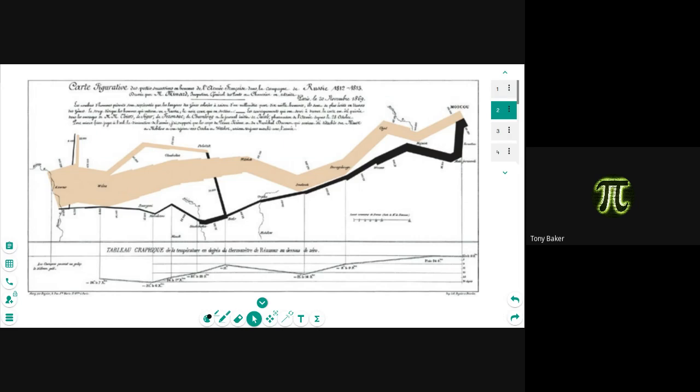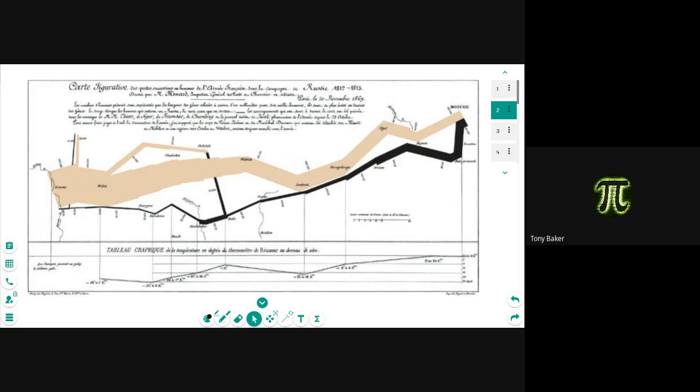So this actually shows the progression of Napoleon's armies from France to when he attacked Russia. The larger the bar, the more troops that he had. The brown bar is him going out to Russia. The black bar is him coming home from Russia.